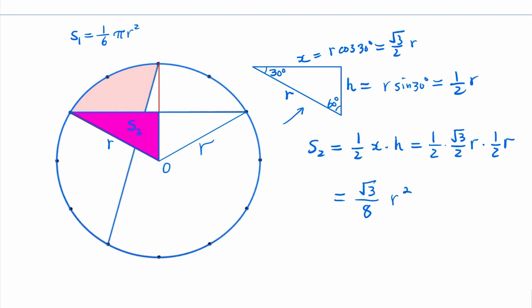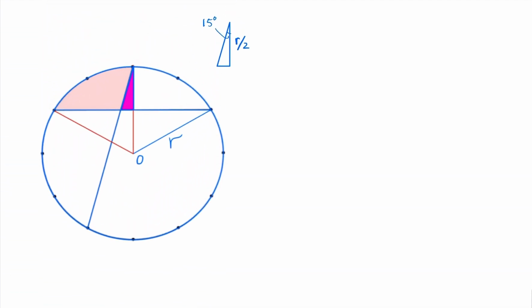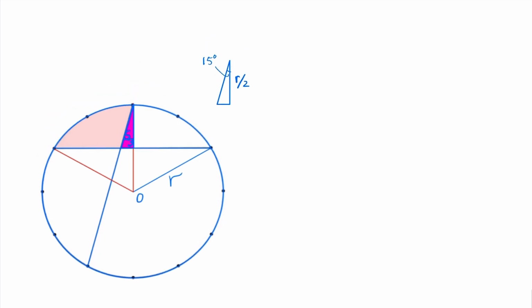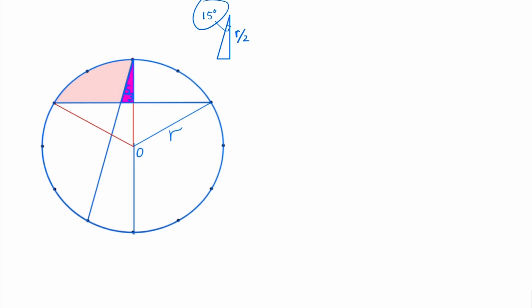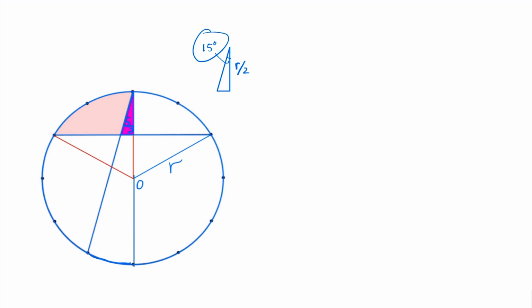Now we need to find the tiny triangle S3. Notice that this angle here is 15 degrees, because if you extend it out, that's 1/12 of the perimeter. So this angle is 360 degrees divided by 24.